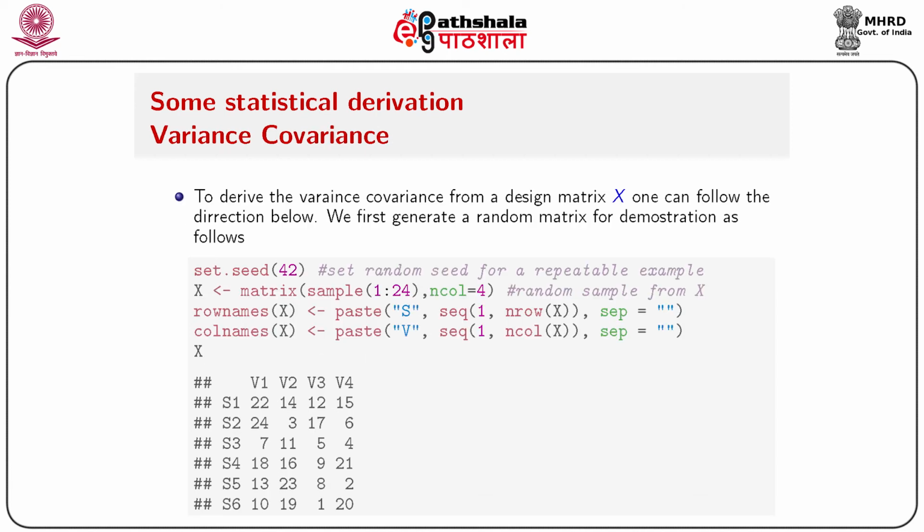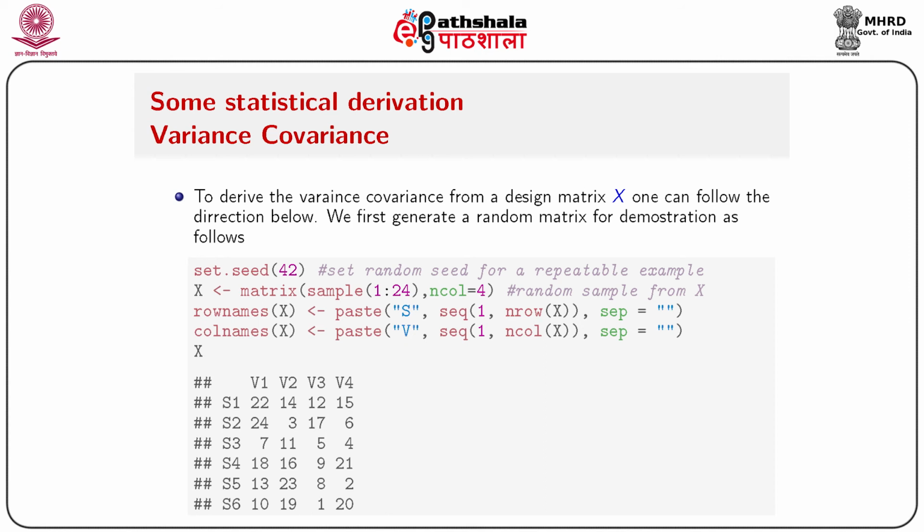A few more statistical derivations we can look at are the variance and covariance matrix. To derive the variance and covariance matrix from a design matrix X, one can follow the directions below. We first generate a random matrix for demonstration as follows.